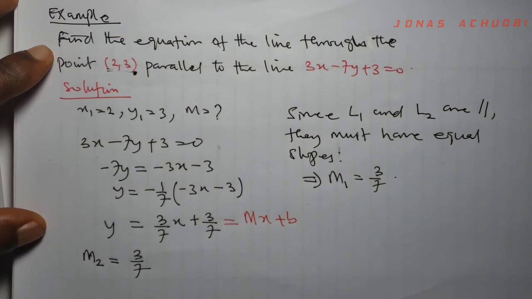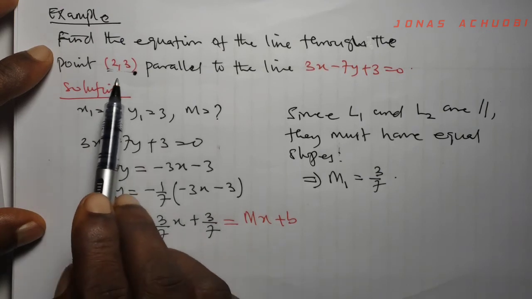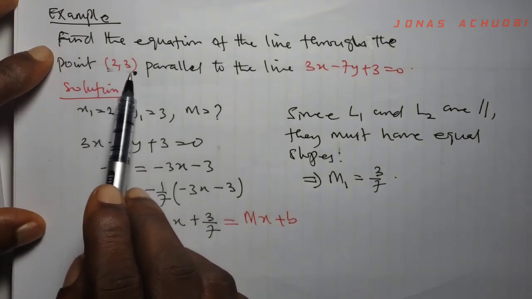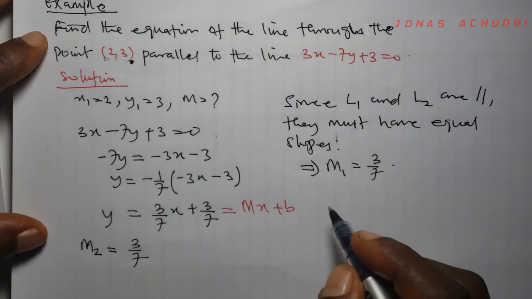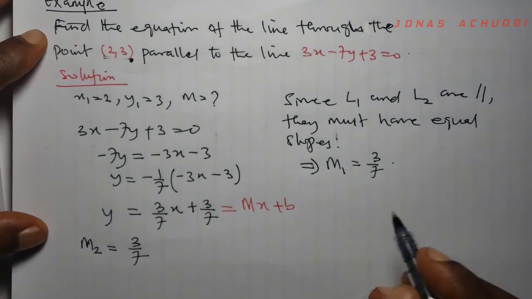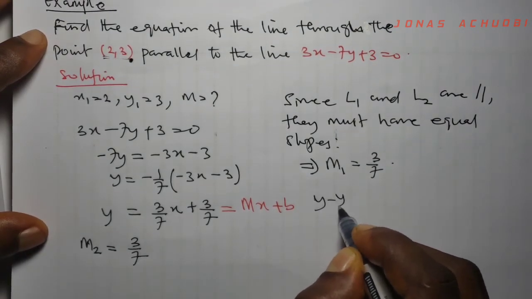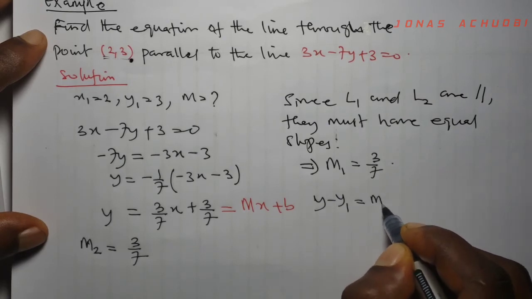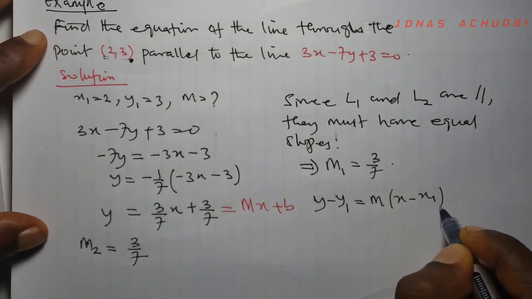3 over 7. So what this means is that we now know the slope of the first line as well as having one point on that line. So we can now apply the point slope equation, which says y minus y1 equal to m into x minus x1.